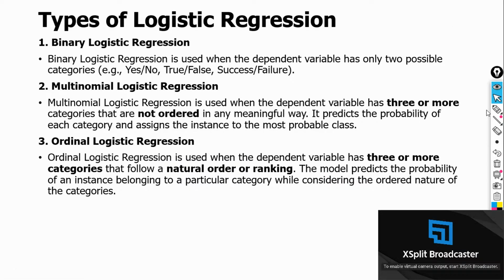Now let us talk about the types of logistic regression. Logistic regression is classified into three types. The default one is binary logistic regression, which is used to predict where the dependent variable has only two categories, two classes: yes or no, true or false, success, failure, default, non-default.